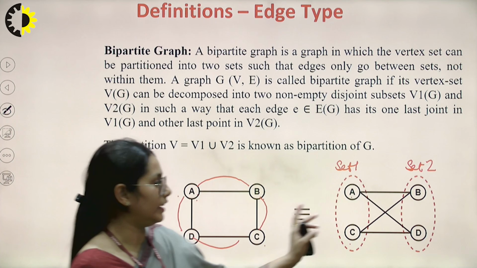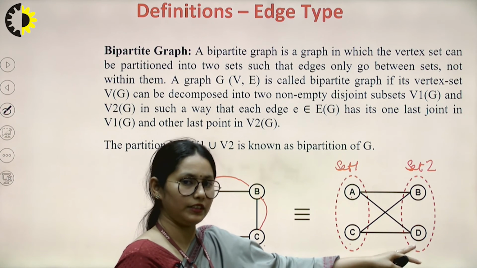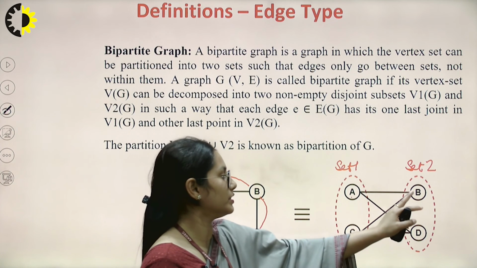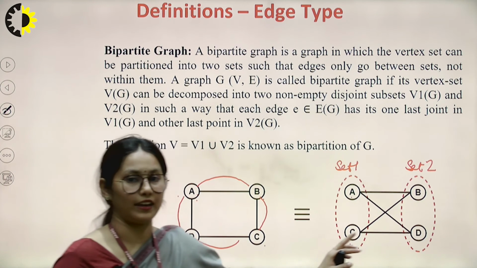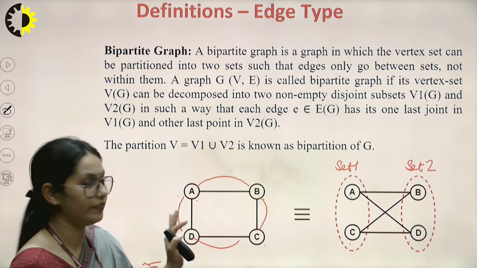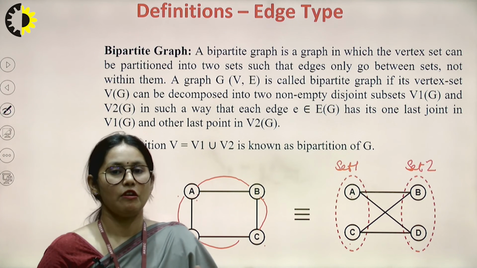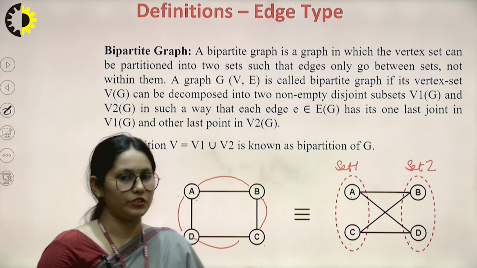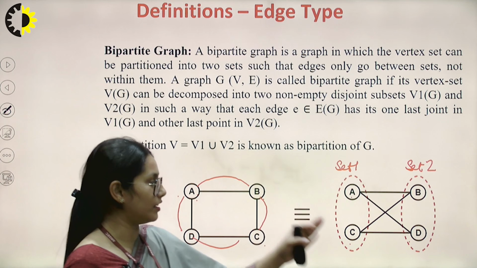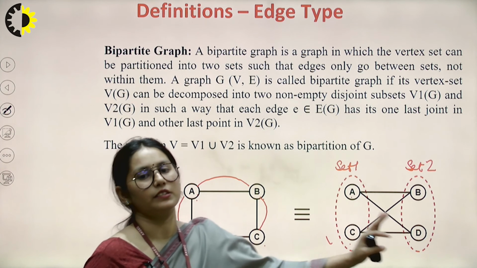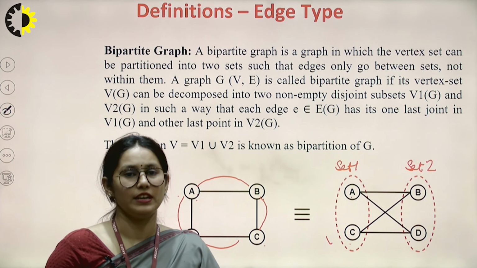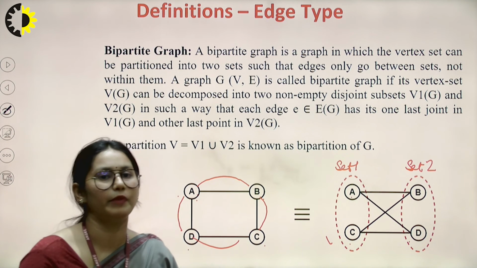Similarly in set 2, there shouldn't be any edge connecting B and D directly. So in this graph, I am able to bipartite or partition it into 2 sections exactly like this, so that in set 1 and set 2 individually there should not be any connection. So that is your bipartite graph.